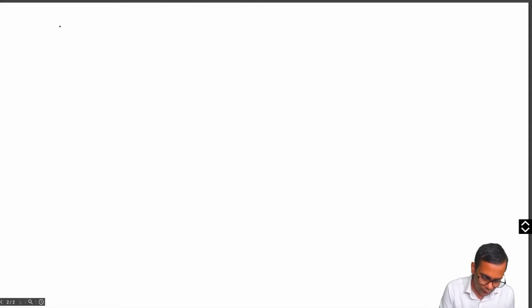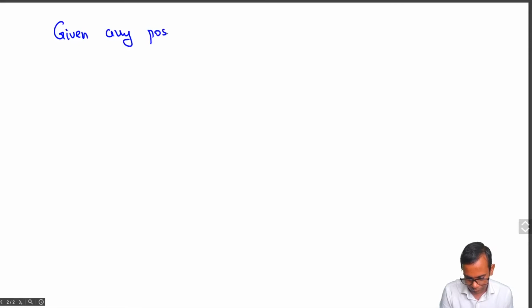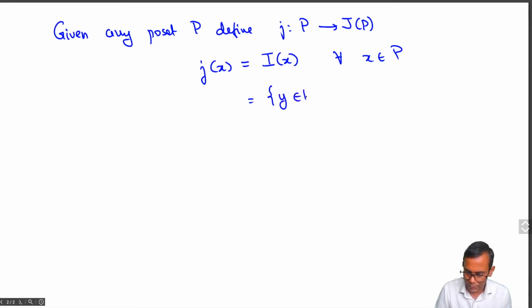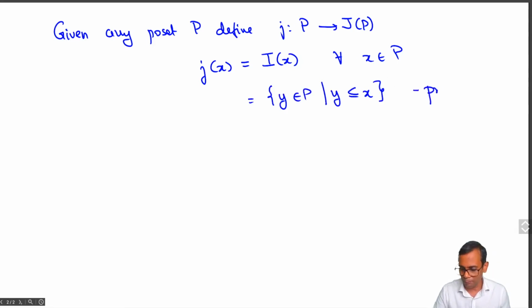Firstly, given any poset P, we can define a function j from P into J(P) in a kind of obvious manner. j of x is just the ideal generated by x for every x in P. This is just the set of all y in P such that y is less than or equal to x. Such an ideal which is generated by a single element is called a principal ideal.